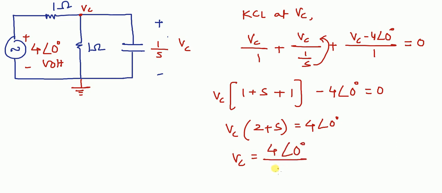and this VC is 4 at an angle 0 over 2 plus S, and again S is j omega and omega is 2, so 2 plus j2.